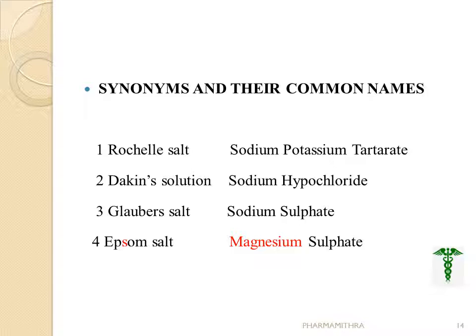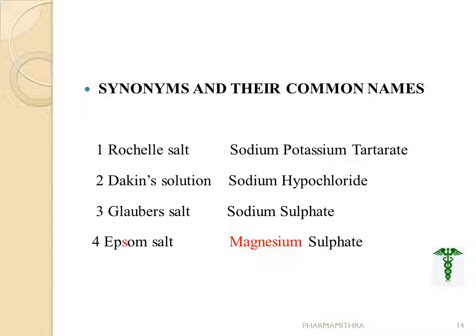First one, Rochelle salt, that is sodium potassium tartrate. I mentioned the first three related to the sodium category, that is Rochelle salt, Dakin solution, and Glauber's salt. Normally salt forms are related to sodium as well as magnesium.